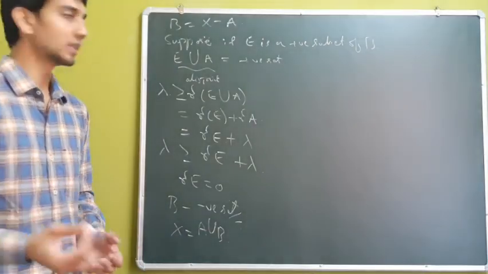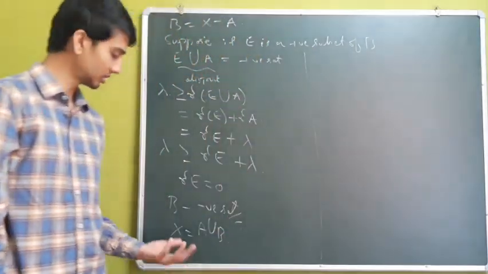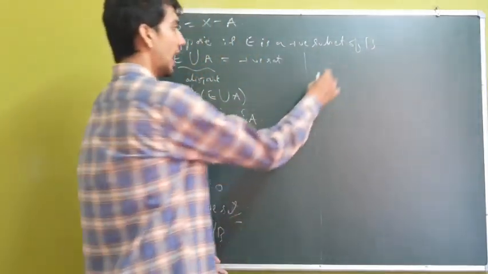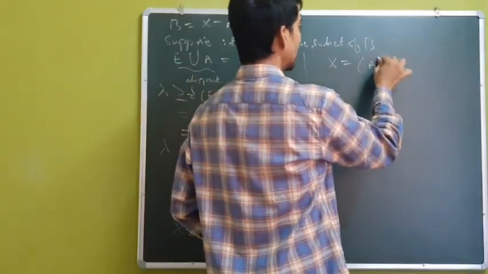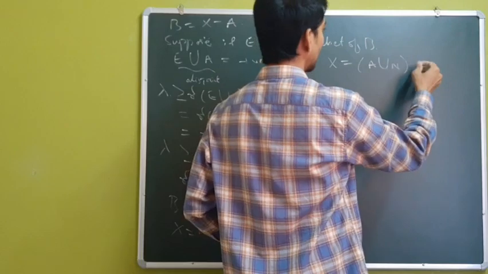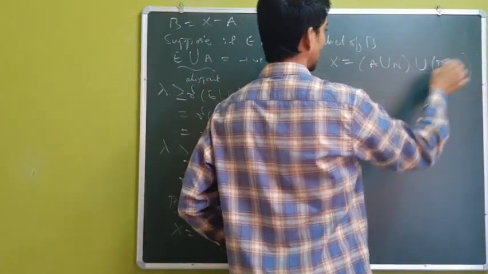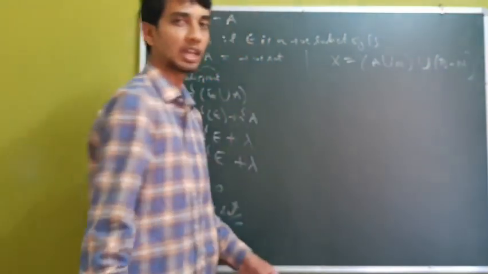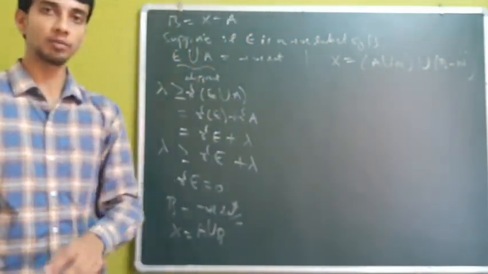Coming to the uniqueness part, I said that this decomposition is not unique, because I can have a decomposition of X into A union N and B minus N. Clearly this is a disjoint union where N is a null set.